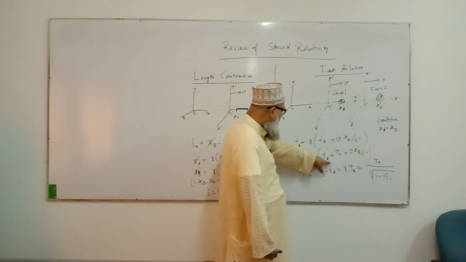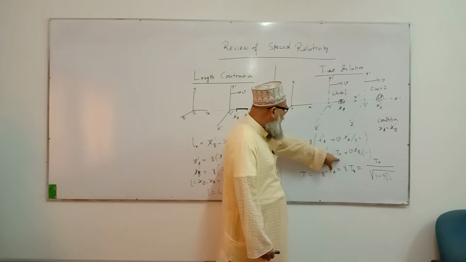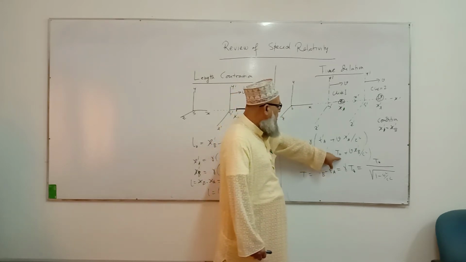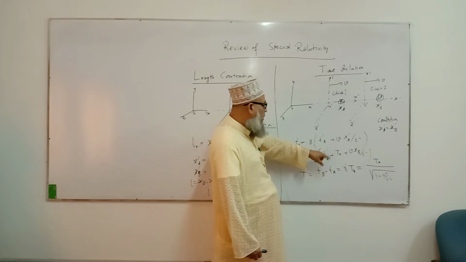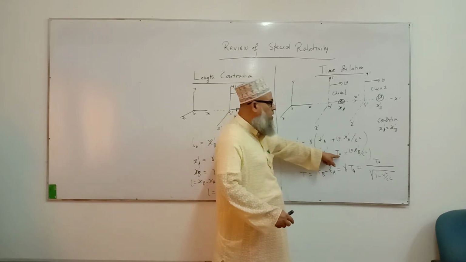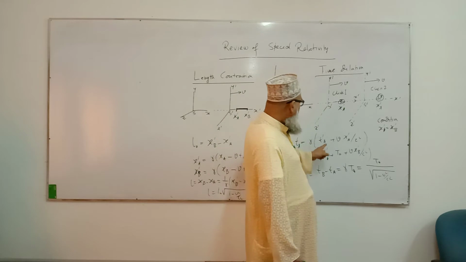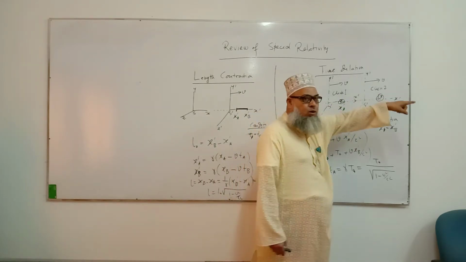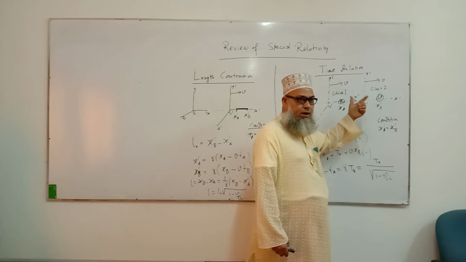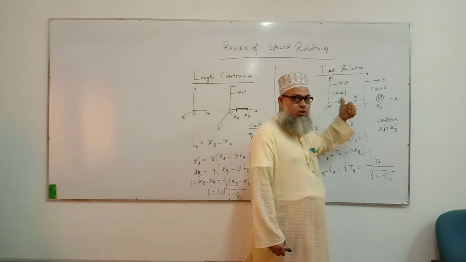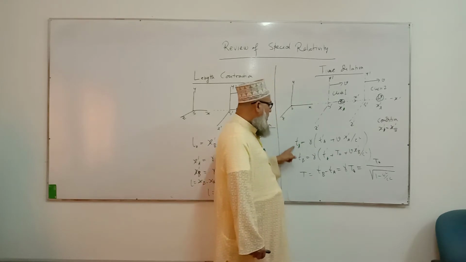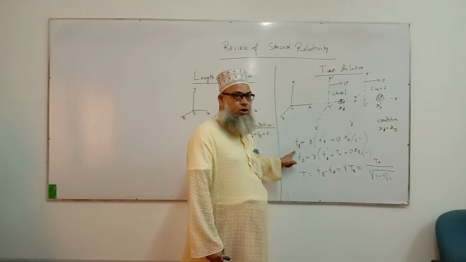So these two are actually tB prime: tA prime plus T naught is tB prime. We have written tA prime plus T naught because tA prime is click 1, and click 2 is tA prime plus T naught, as we said the difference between the two clicks is T naught. So we have to use the inverse Lorentz transformation.